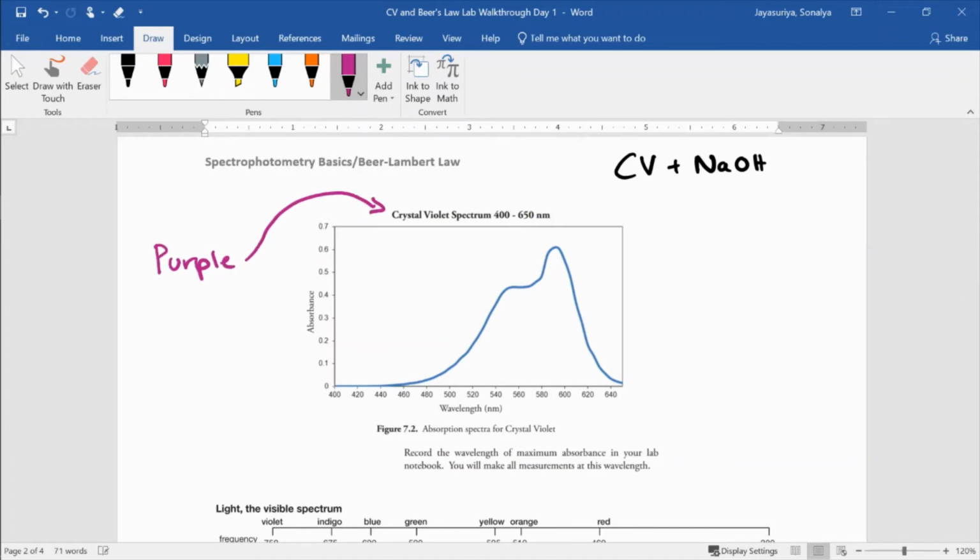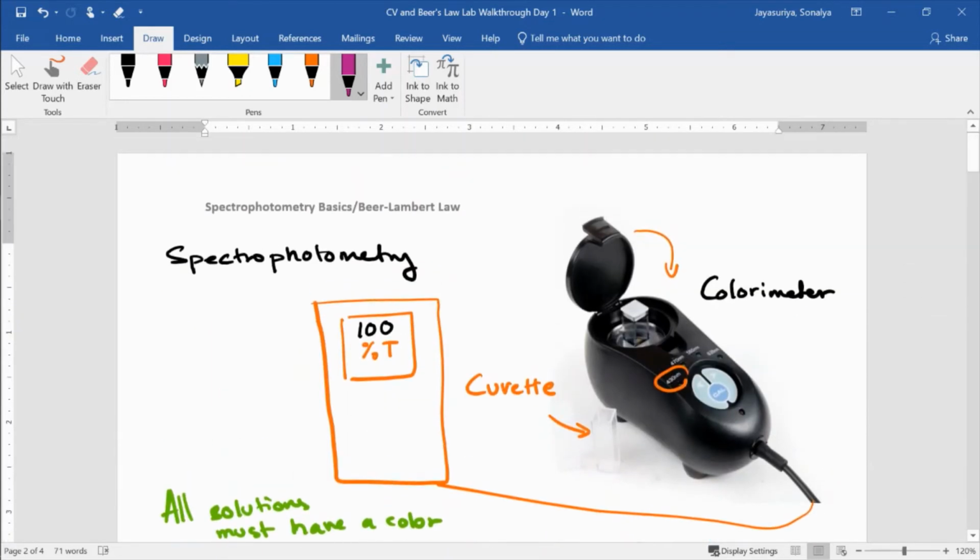Okay? And when you are doing Beer's law for a compound, in this case crystal violet, you have to figure out what setting you set your colorimeter to. Remember, in our colorimeter, there are 4 settings, 4 different wavelengths that we have to set our colorimeter to.